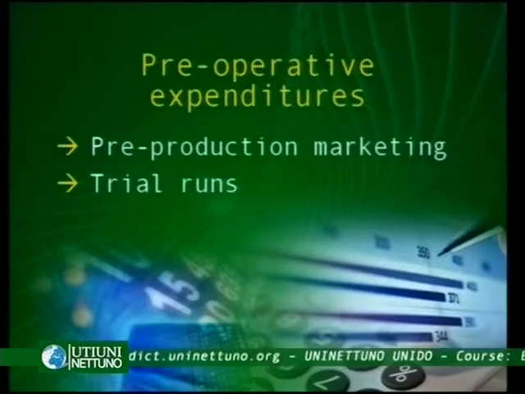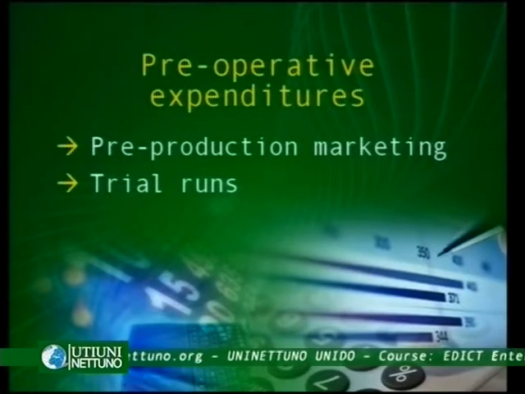Then you have trial runs. That is an important component when you have a new product. So before being able to sell the products on the market, you should test the product, if the technical features of the product are effective, and if the product responds to some specific regulations.